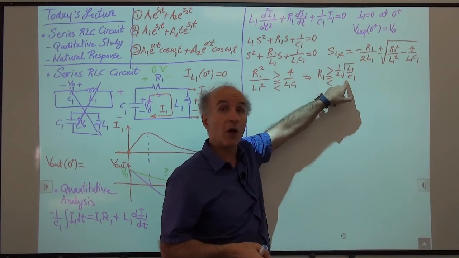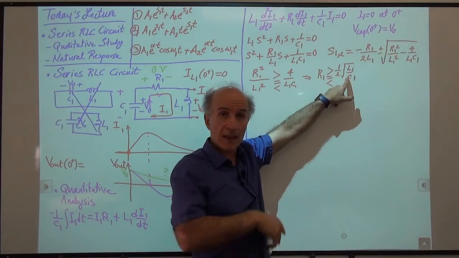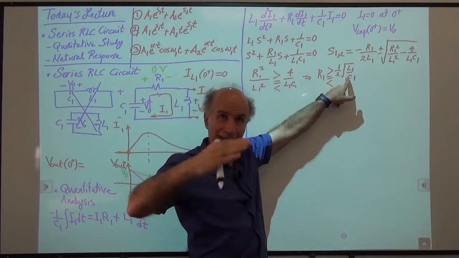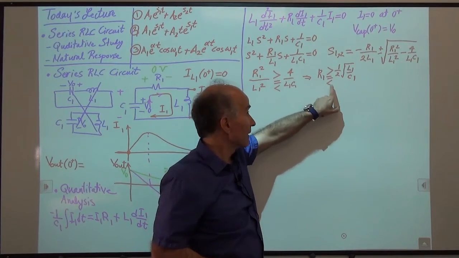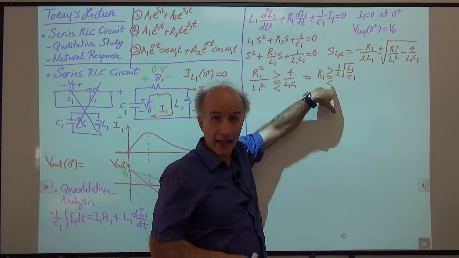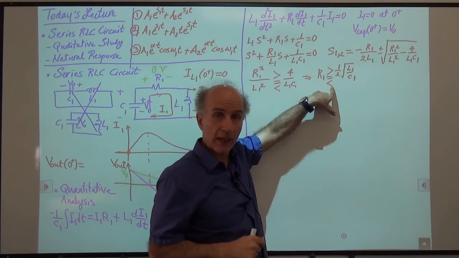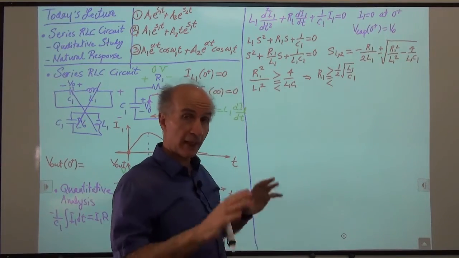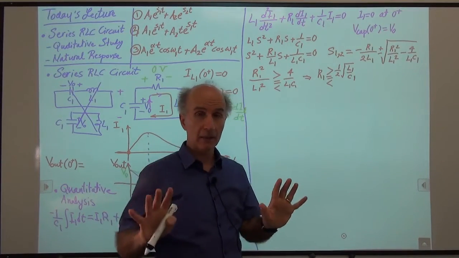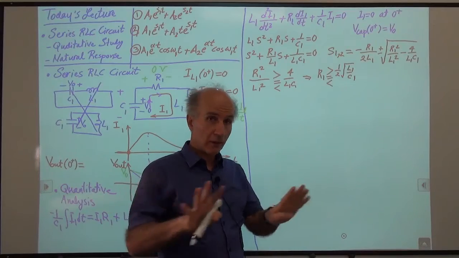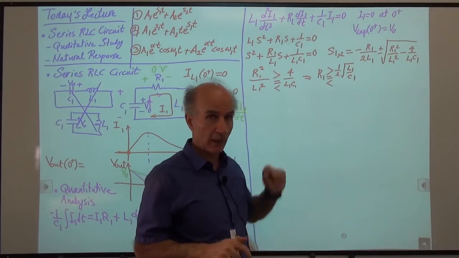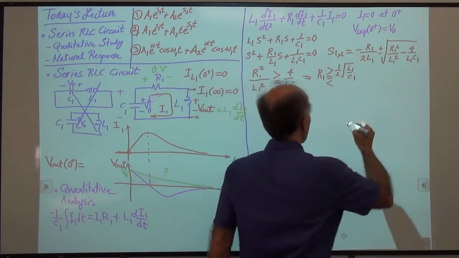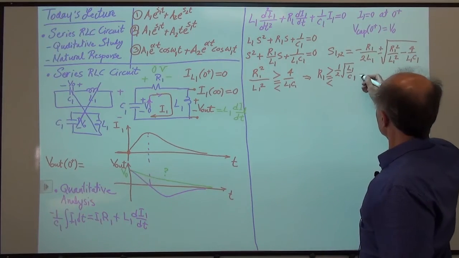If R1 is large, the circuit has an overdamped response. It doesn't ring. If R1 is small, the circuit has an underdamped response and it rings. Okay? So I want to make sure that the series and the parallel RLC circuits are not confused in terms of this behavior.